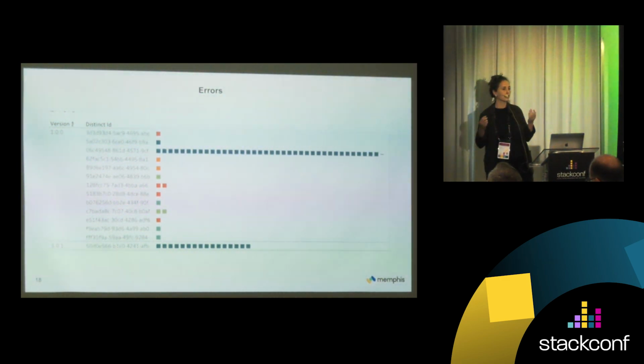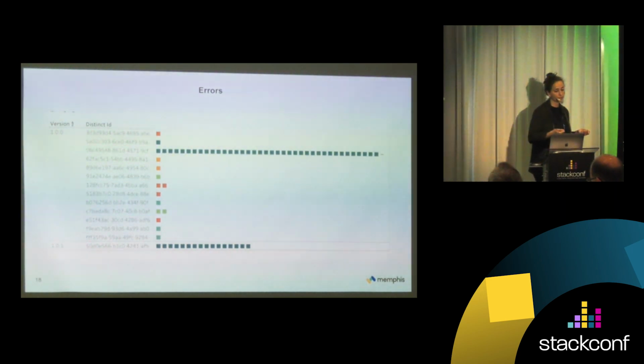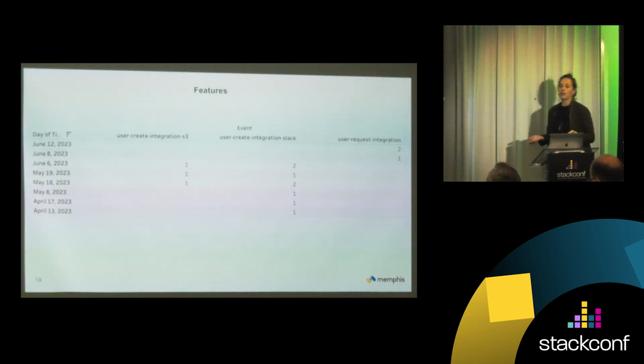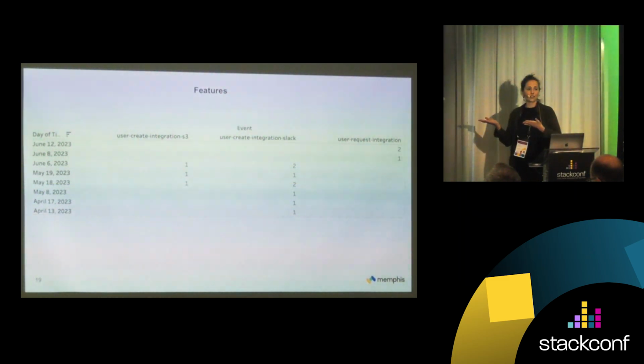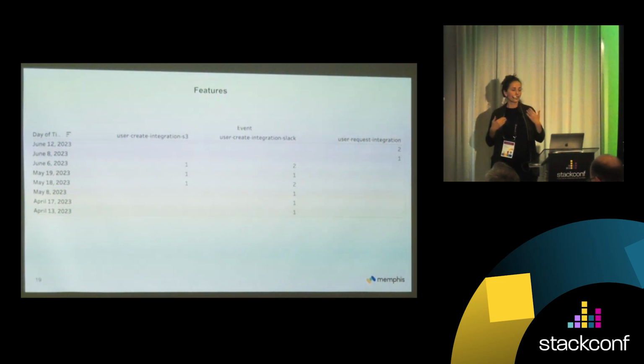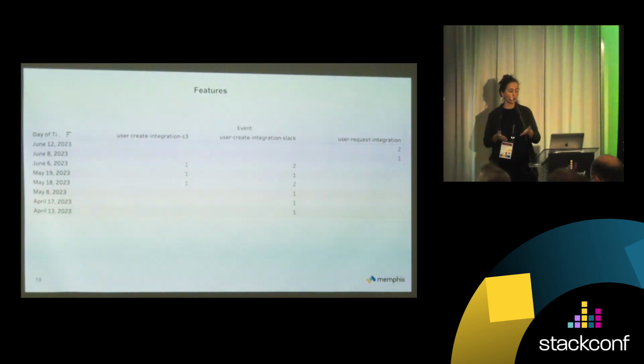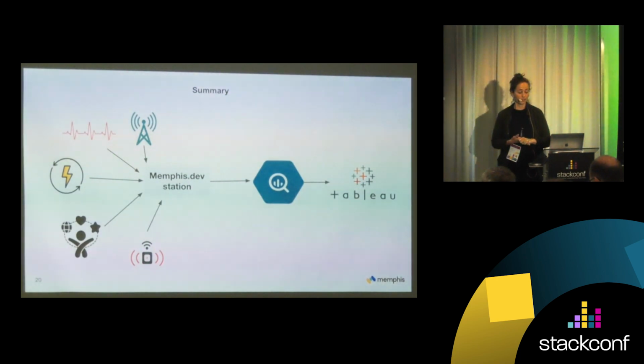I could see the colors. I can understand what the errors are before the user and fix them before they even notice. And the features, as I told you, I don't know how the users are going to react to the features. I want to see who installed, why they installed, what the user journey is inside the system, inside our broker. So that allowed me to understand it a little bit better.